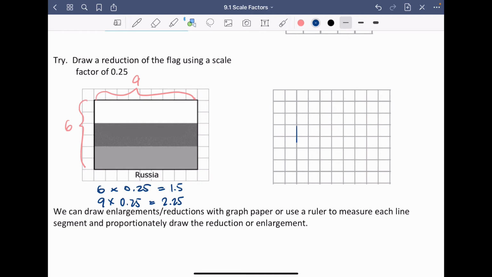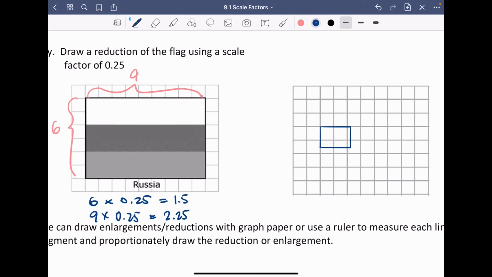Okay, so if I draw that in my grid here, then it will be 1.5, and then 2.25, 1.5, 2.25, something like that. And then each of the colors is a third of the width. So a third of the width will be like that.